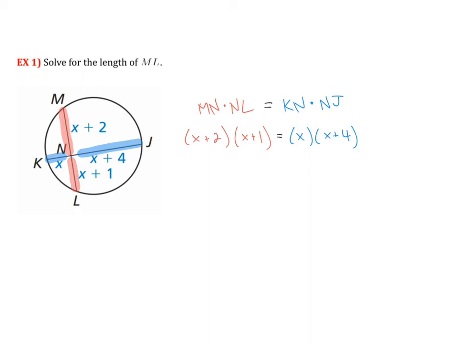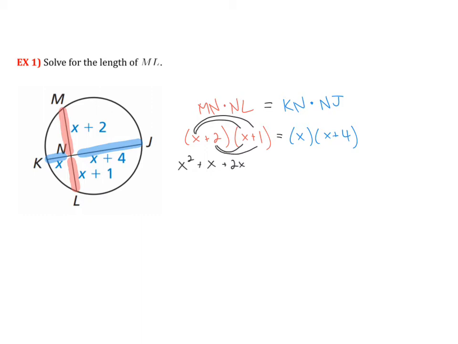Or you could just draw arcs or rainbows. And I'm going to go from the first term to the first term in the second expression, x times x, that gives me x squared. And then I will go from x to 1. That becomes 1x. And then I have 2 times x, so plus 2x here.